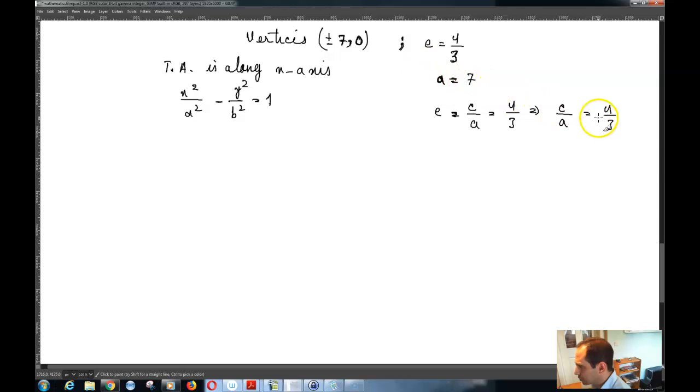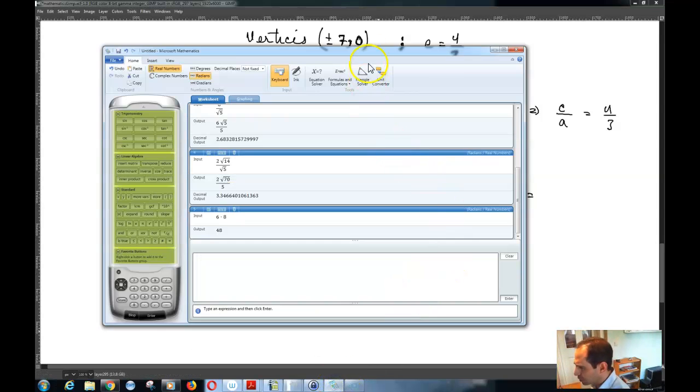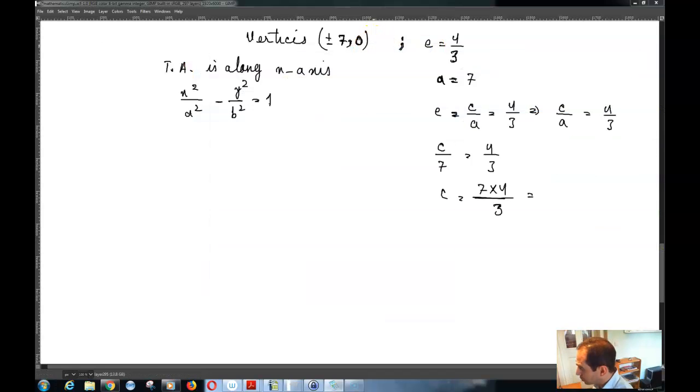Since a is equal to 7, I can write c divided by 7 is equal to 4/3, and so c is equal to 7 times 4 divided by 3. 7 times 4 is 28, so c is equal to 28/3.